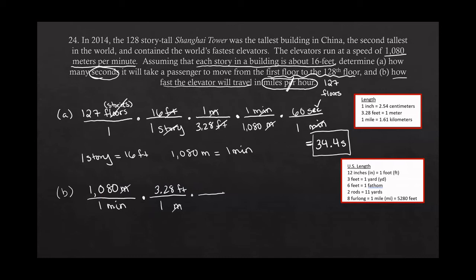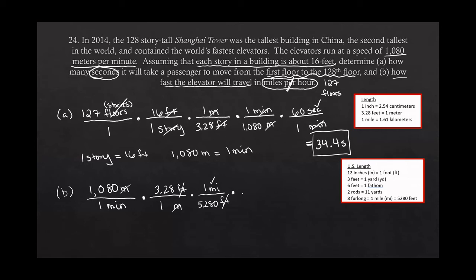Feet isn't good enough, so that's why I added this US length from our chart here. Feet currently in the top, so I'm going to put it in the bottom. We know that 1 mile is equal to 5,280 feet. So we'll put the 5,280 feet in the bottom, 1 mile in the top. Feet cancel. We have our miles, that's good.